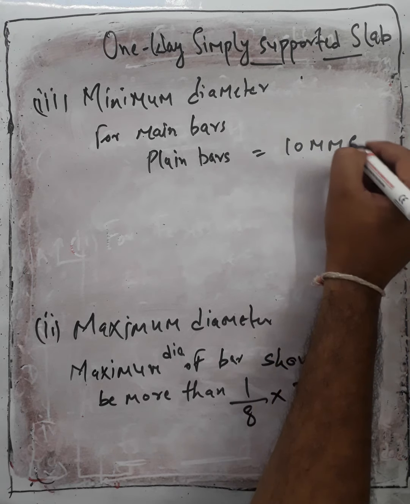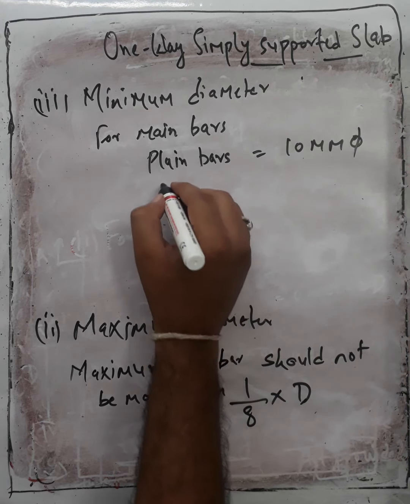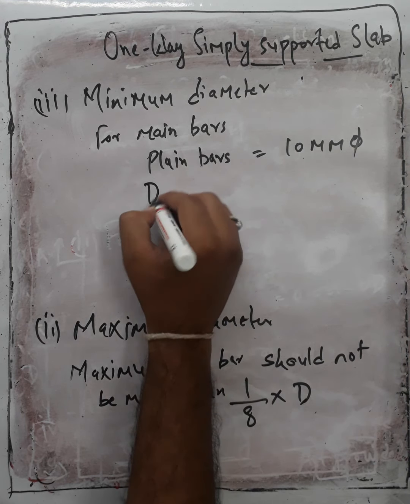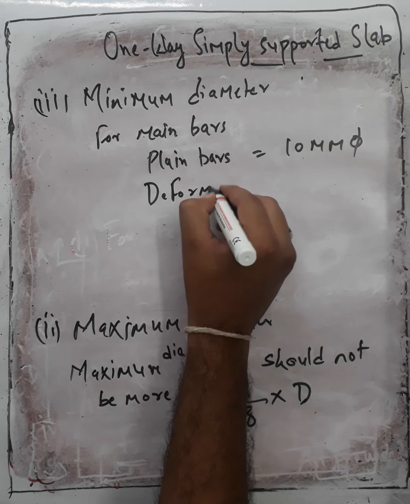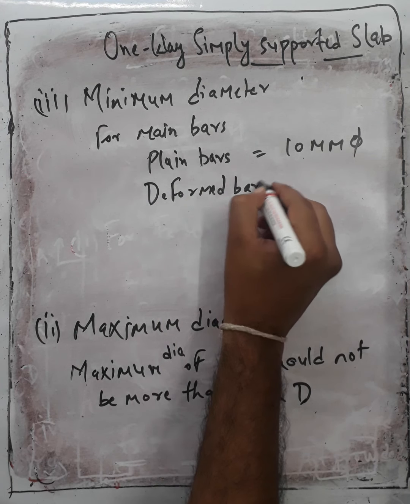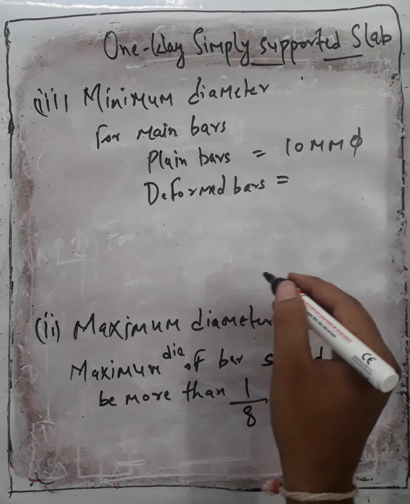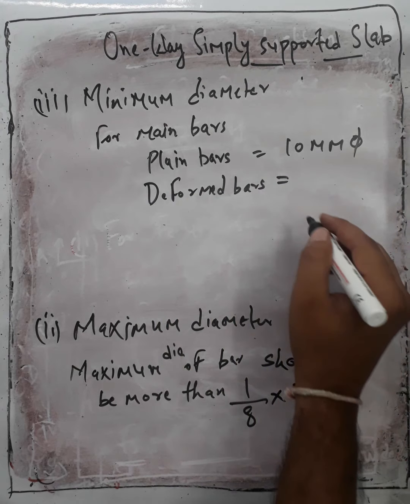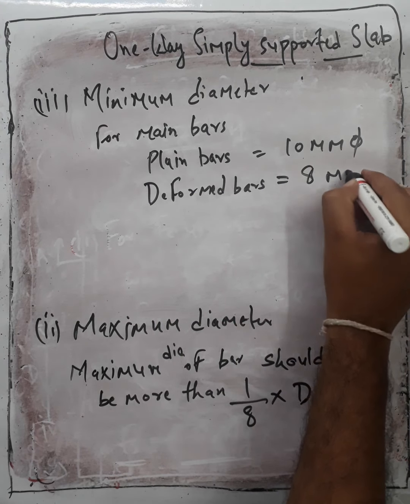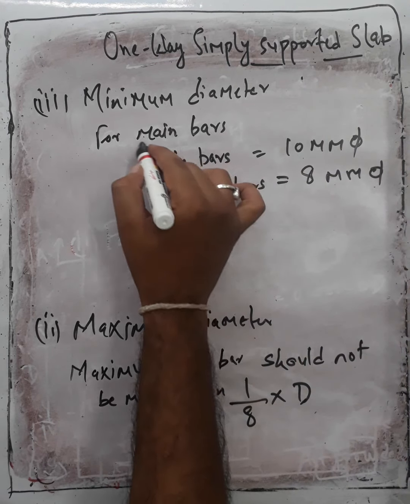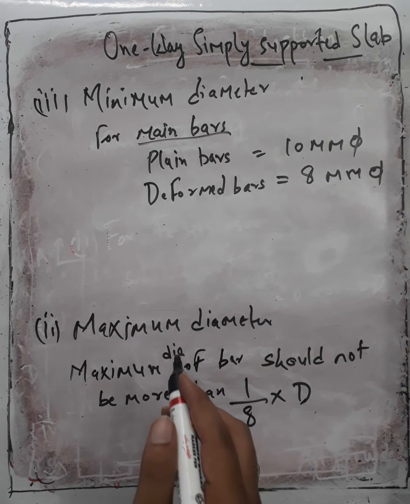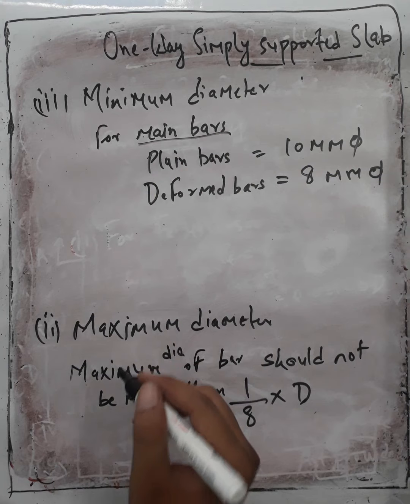If we use deform bar or HYSD bars, means the bar which is greater than 250, then we use 8 mm bar when we apply for the main bars.